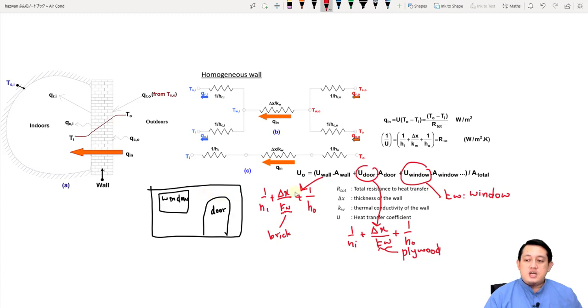Okay, so this is how we calculate U_o when we have different materials on the wall here. So this is how we calculate U_o.